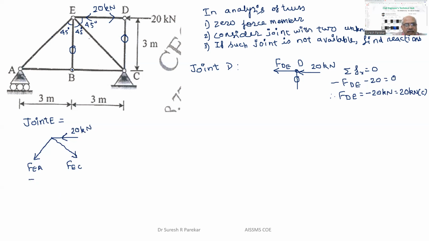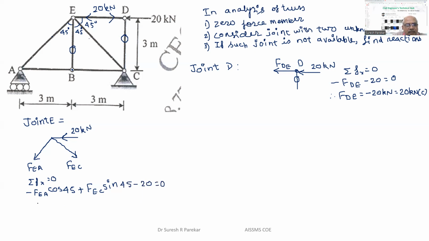Now we apply summation Fx equal to 0. So we get minus FEA cos 45. You can write cos or sine, that doesn't matter. Plus FEC sine 45, because we have the component of this FEC, minus 20 equal to 0.